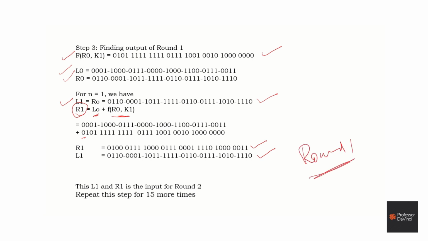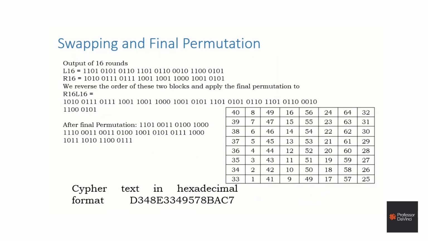Similarly, you repeat the same step for 15 more times using the subkeys. We already used K1, then you need to use F of R1, K2, and like that you perform the same operation 15 more times.